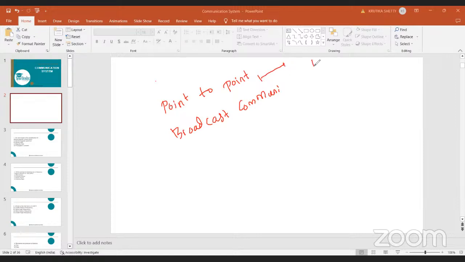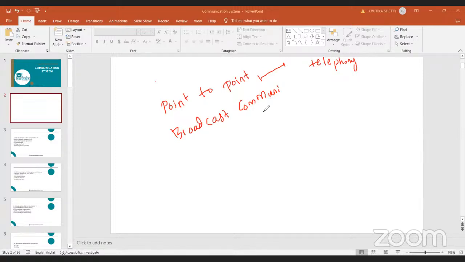An example for this is the telephone. Then what is broadcast communication? Radio and television are examples. Here a large number of receivers corresponding to a single transmitter will be there. In point to point there is only one transmitter and one receiver, but many receivers will be there in broadcast communication.